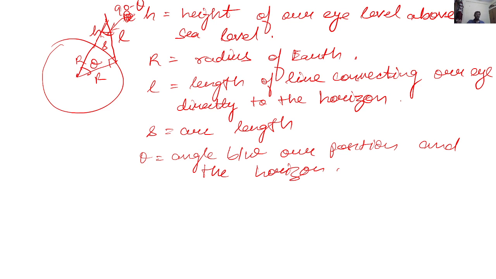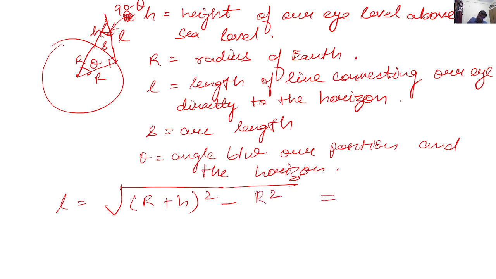So let's use the Pythagoras theorem. L would come out to be the square root of (R plus H) squared, which is the hypotenuse, minus R squared. So this comes out to be the square root of 2RH plus H squared.